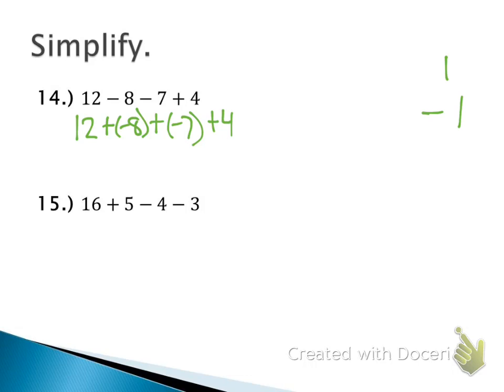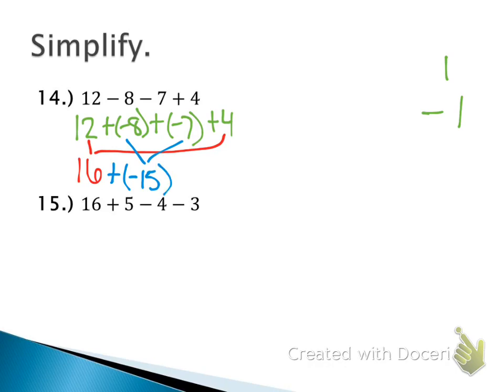Okay, once it's all addition, I am going to take my positive numbers and combine them. When I take 12 plus 4, what do I get? 16. I am also going to combine my numbers that were both negative.